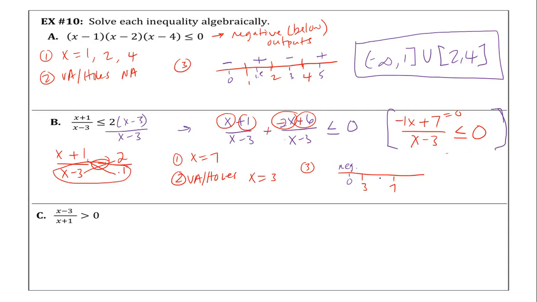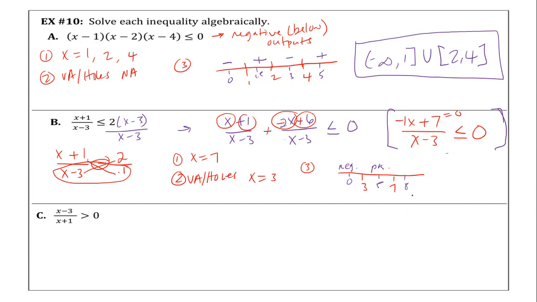All right. Now we choose a number between here. 5. So we have negative 5 plus 7 is what? 2. Negative 5 minus 3 is? 5 minus 3 is 2. My bad. 2. And that's what? Positive. And then any number to the left?